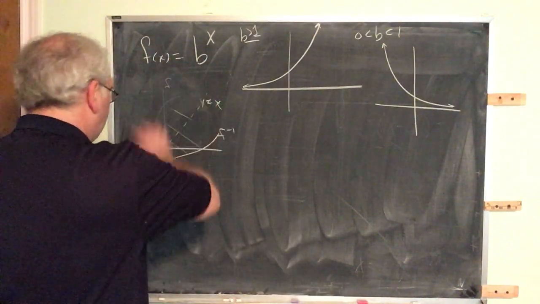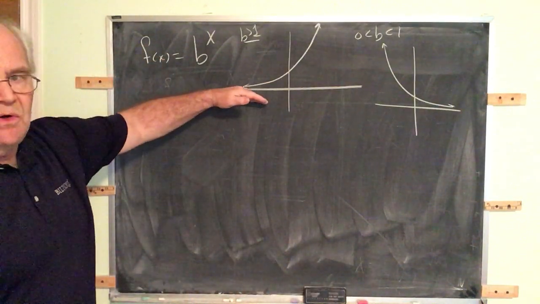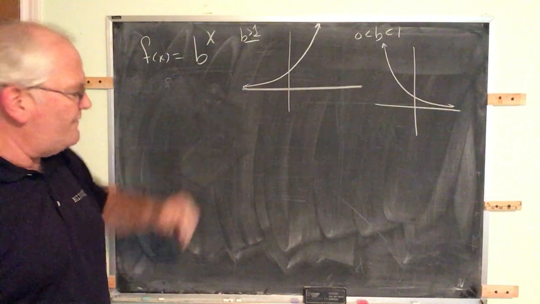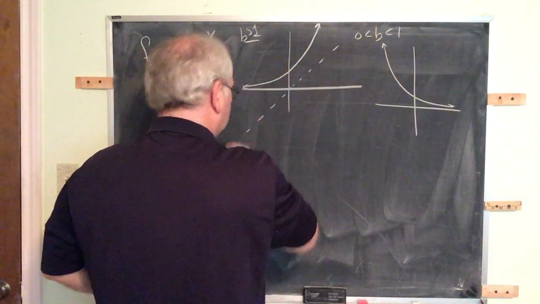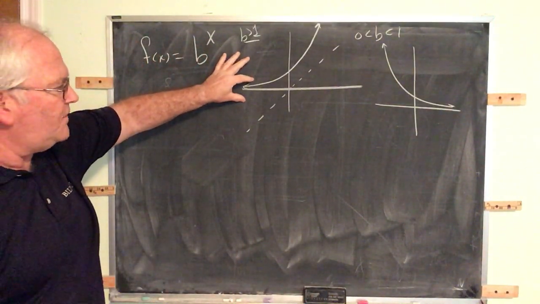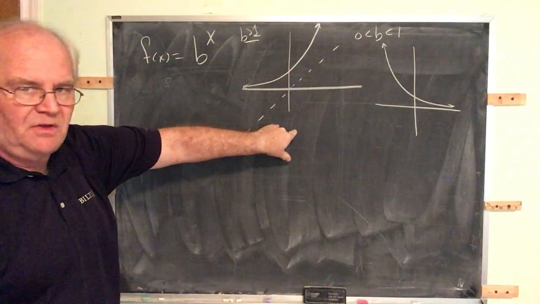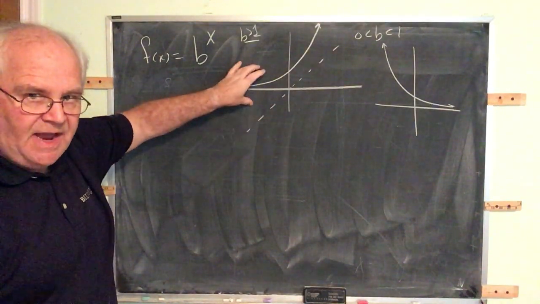All right? Well, these functions pass the horizontal line test, therefore they do have an inverse function. This one isn't too bad to draw. Notice this is asymptotic to the x-axis, negative. The inverse will be asymptotic to the y-axis, negative. What was x becomes y, what was y becomes x.